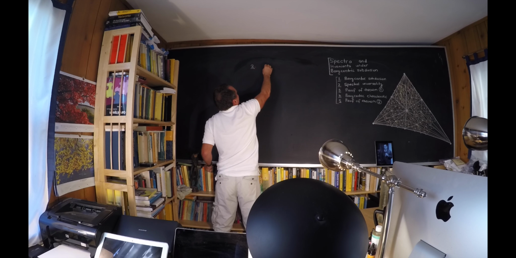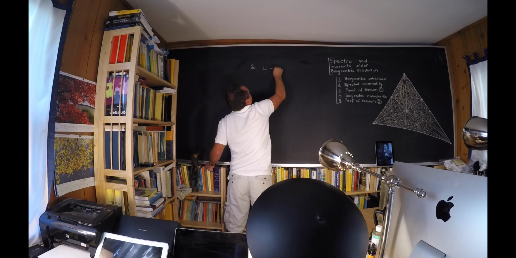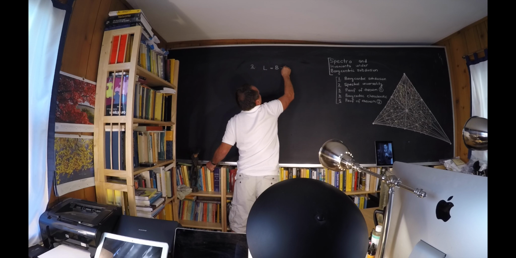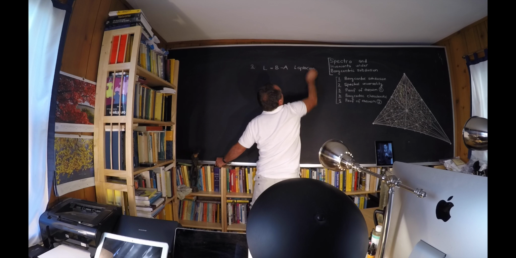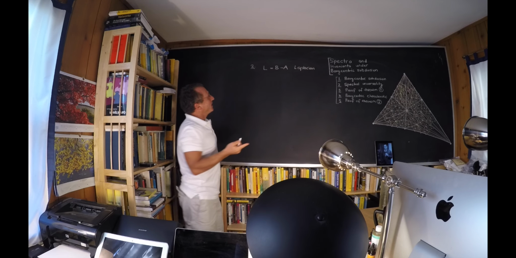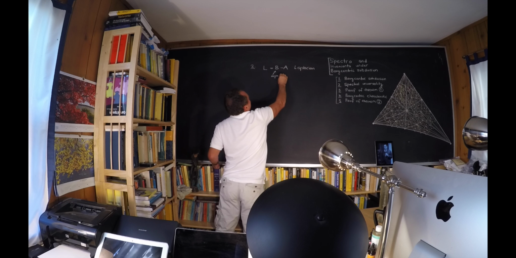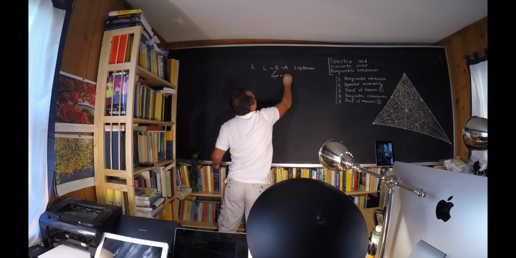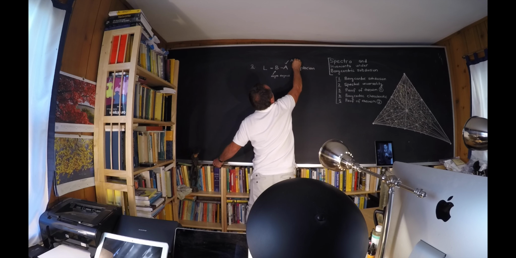So we have a graph, and then we call L the Laplacian. This is the Laplacian. So D is the diagonal matrix which contains all the degrees in the diagonal. So this is the vertex degree diagonal matrix, and this is the adjacency matrix.